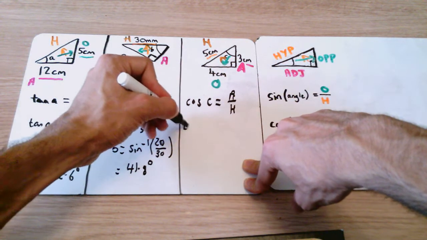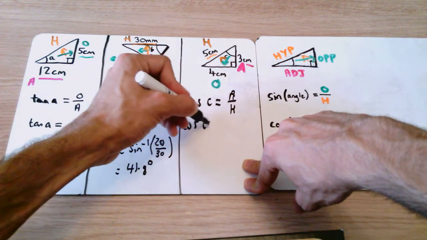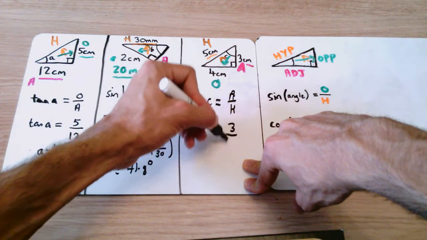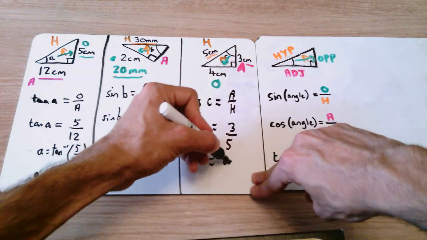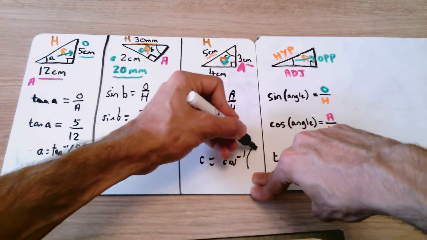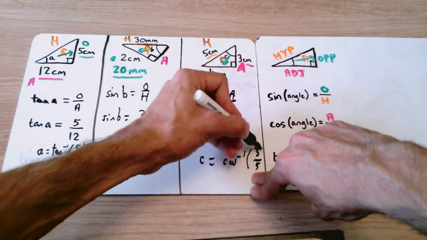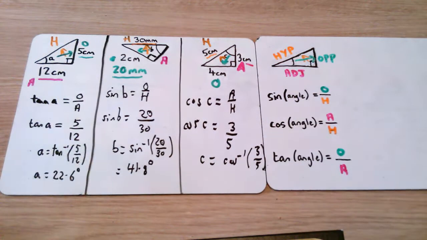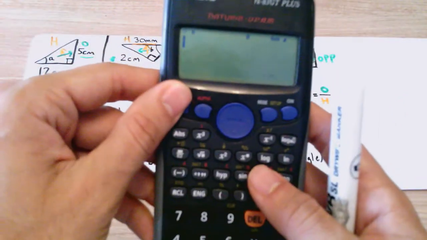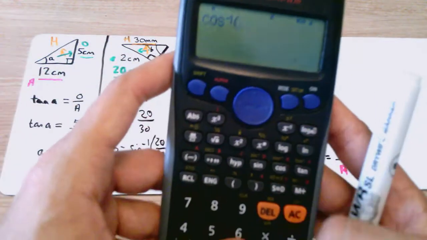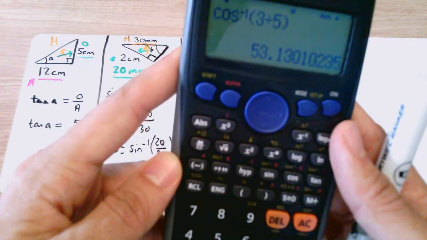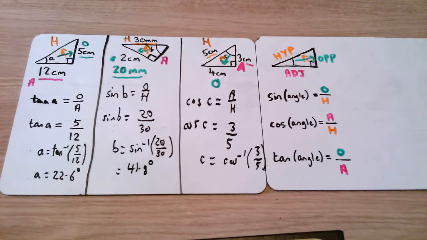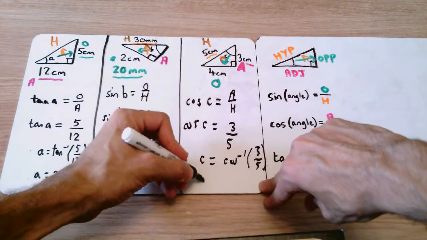That means we get cos of C is equal to 3 divided by 5. C is cos inverse or cos minus 1, 3 over 5. And if we substitute that into your calculator, once again, shift cos 3 divided by 5 is equal to 53.1. So C, the angle C, is equal to 53.1.